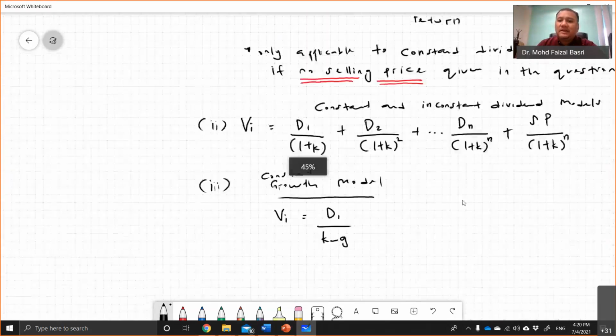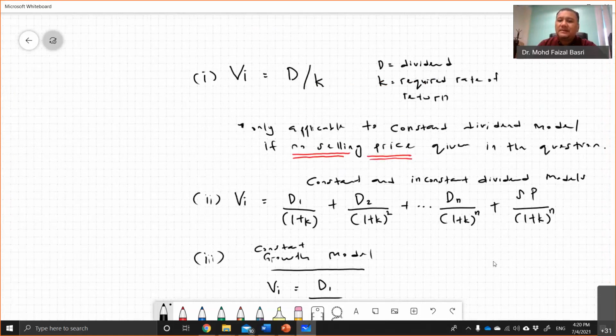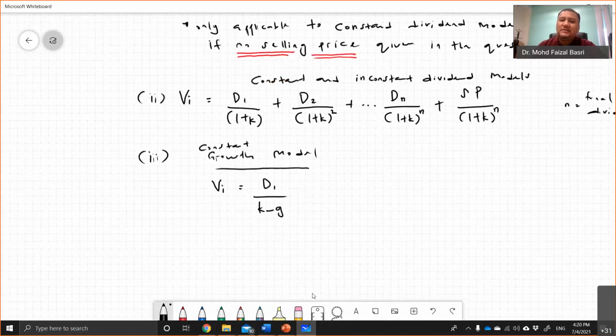By the way, if you look at it closely, it's quite similar to this one, but we have G here. So what does it mean? D1 is next year's dividend. So how to find D1?